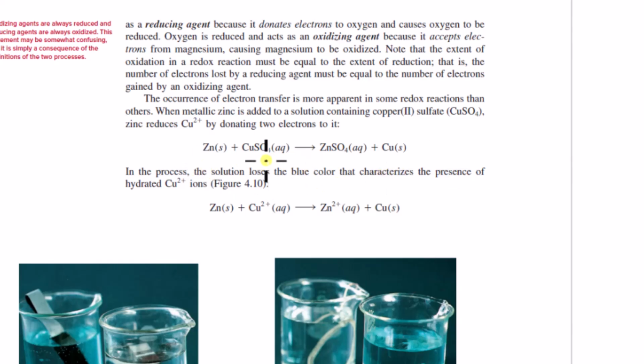We know this is taking place in aqueous solution because we've got certain substances in the aqueous phase, right? But how is this reaction different from the reactions in aqueous solution we've studied so far, the precipitation and acid-base reactions? The difference is we have a non-aqueous solid component on the reactant side.